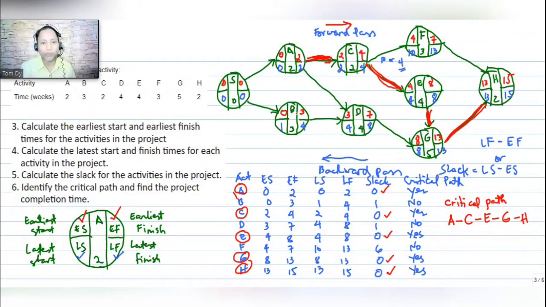And then this one for B, 1, 2, 3. So we only have 3 arrows connecting from B to H. However, from A to this path, A to C, 1, C to E, 2, E to G, 3, and then G to H, 4. So we have 4 arrows.